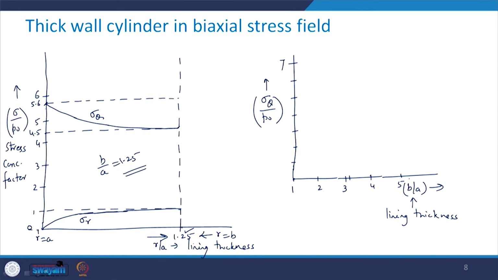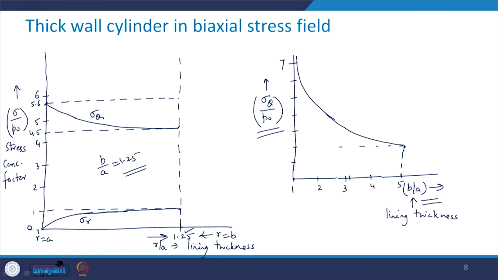And at B by A equal to 5, the variation is going to look like this. Something like this.